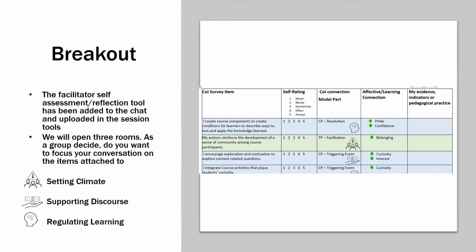Yeah, I think I would pick the one, I facilitate online discussions in a way that helps students appreciate different perspectives.